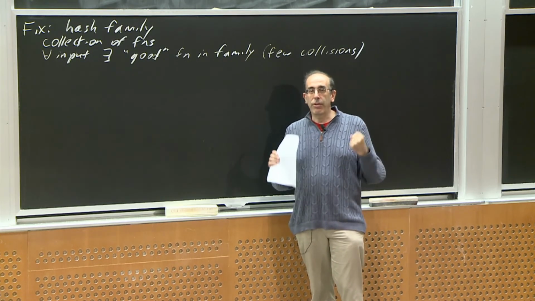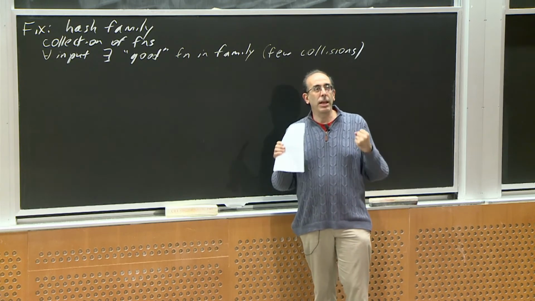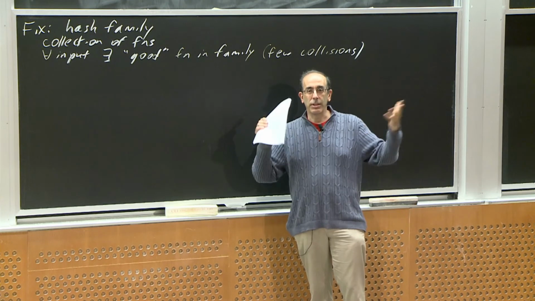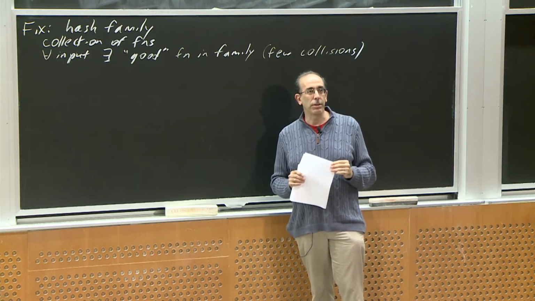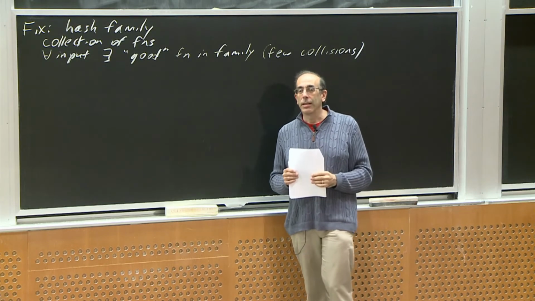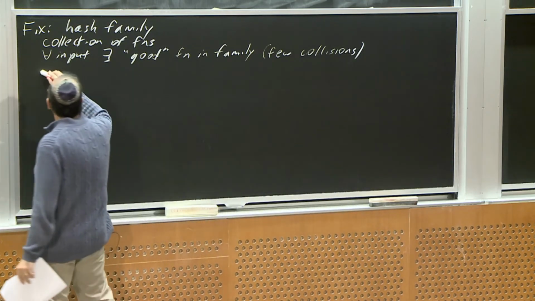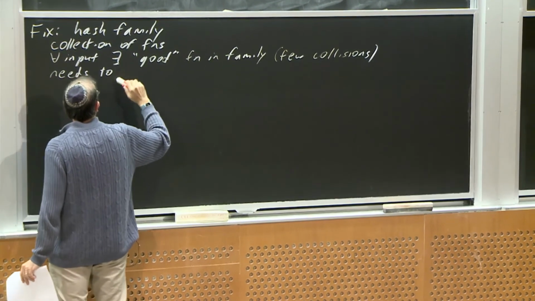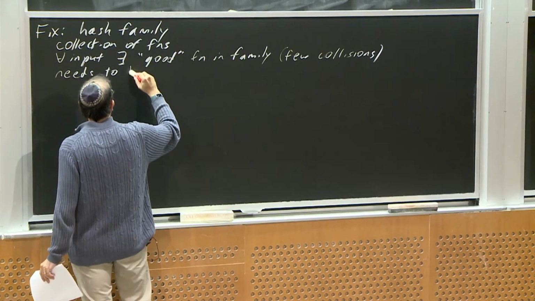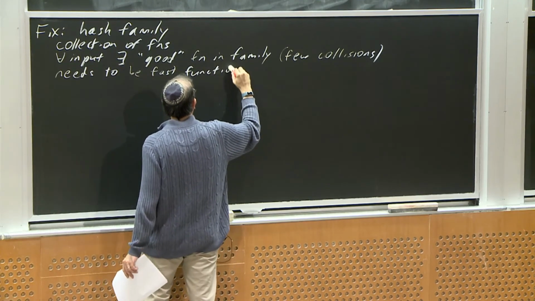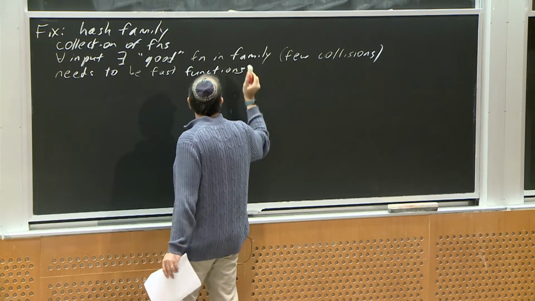Now, what is the problem with that particular hash function that I just described that sorts the items and tells you where each one goes? Yes? Too slow, right? So our hash family needs to be fast. The functions in our family have to be fast functions.